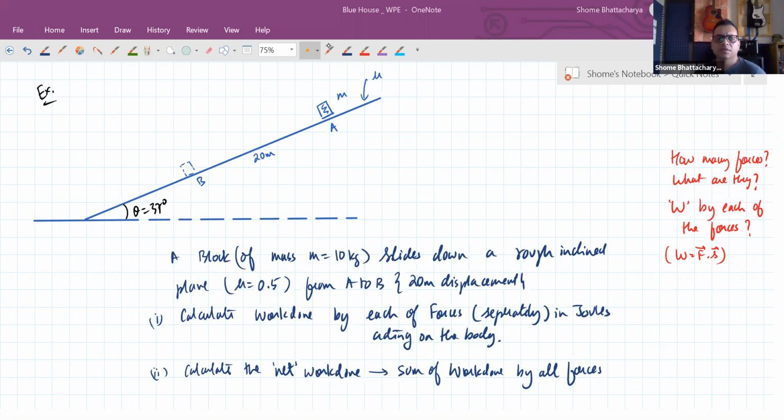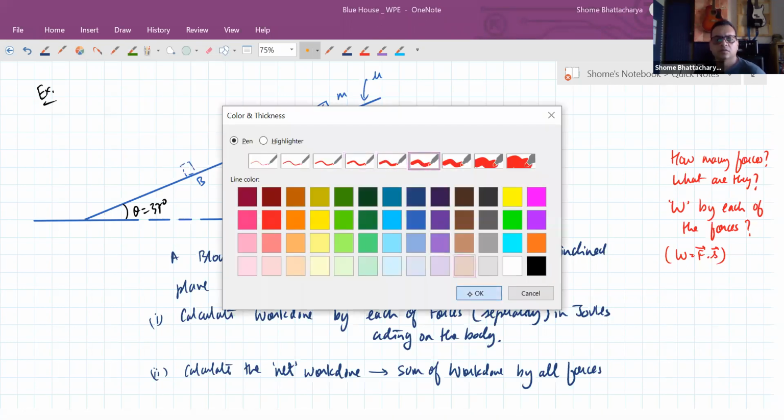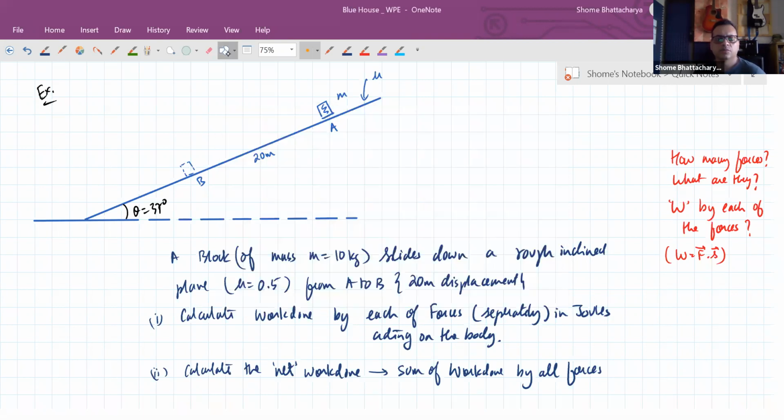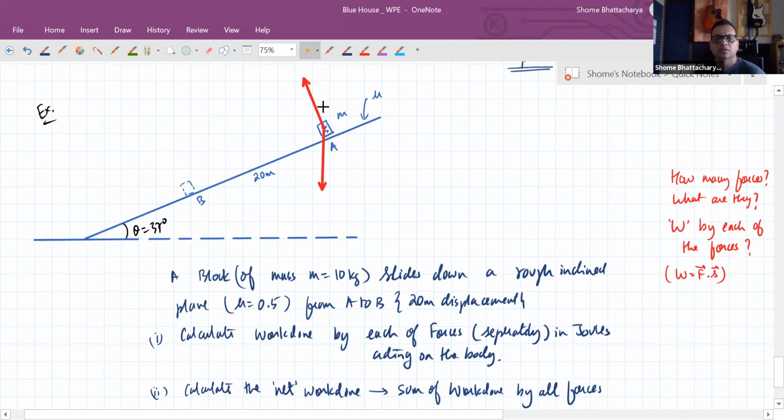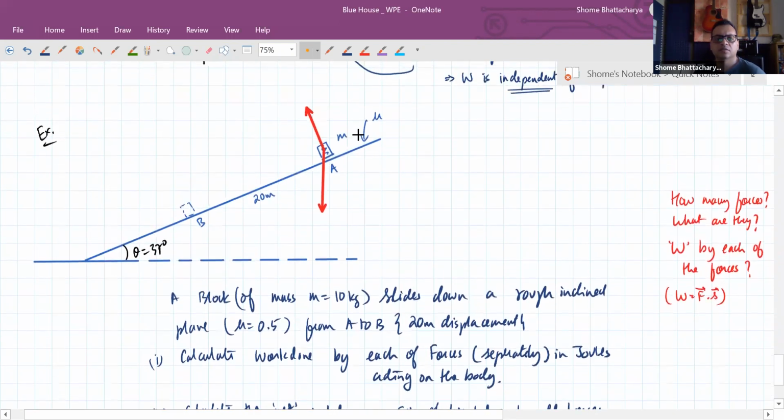Okay, so this is pretty simple actually. So you can see what all forces are acting on the body. Let's start with that. And we do not need to worry about displacement or point of application, because here the body is not going to rotate. So there is mg acting, there is normal reaction acting like this, and there is friction acting like this. These are the three forces acting on the body: normal reaction, kinetic friction, and mg.